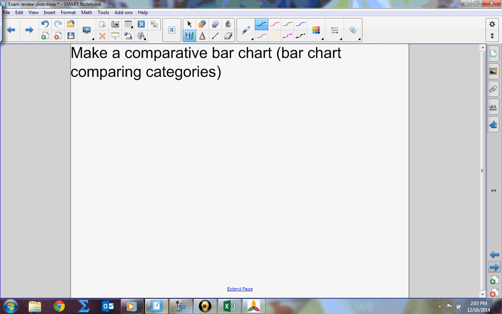Alright, make a comparative bar chart. And that's a bar chart comparing different categories. And so we might have the categories of young, medium, I don't know, and old. I think we had a question about a chart or something one time about that. Alright, and then you just divide them up like this and compare.